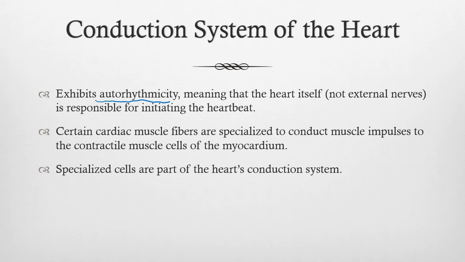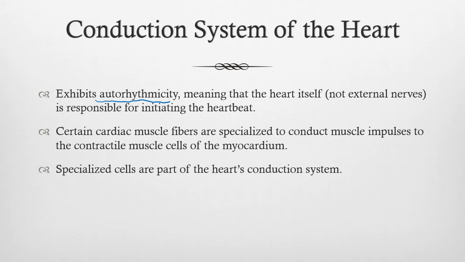Special muscle fibers are found within the actual muscle cells themselves, and those special muscle fibers allow for contraction to occur. These are essentially non-contractile fibers, and they're going to generate the actual impulse that spreads across the heart for contraction to occur.